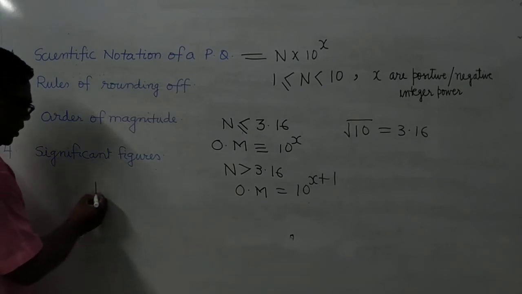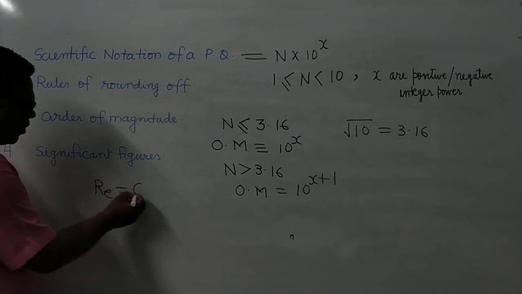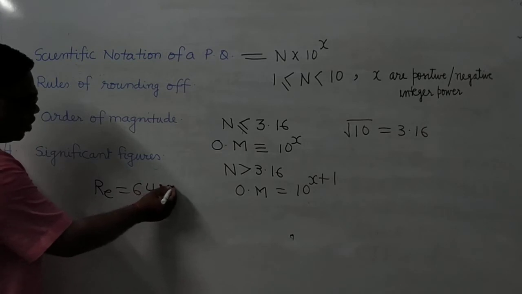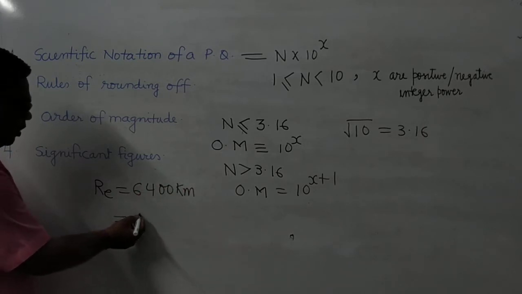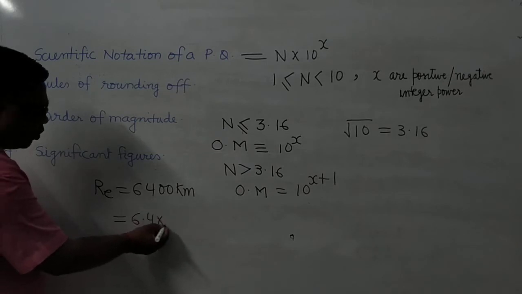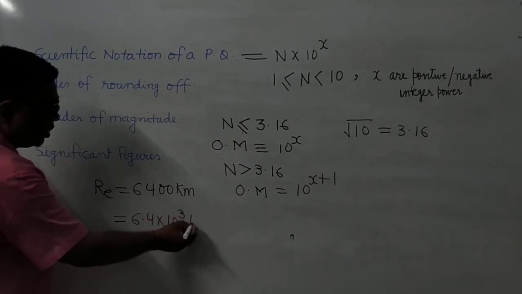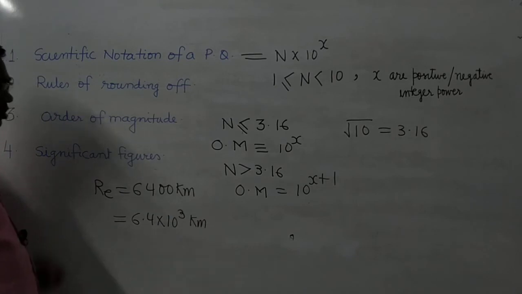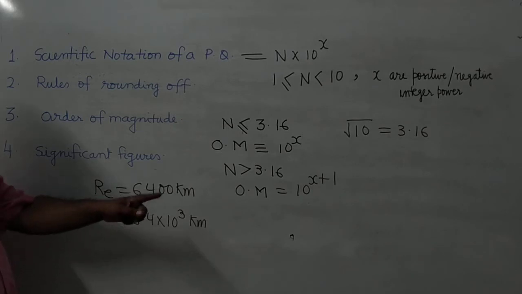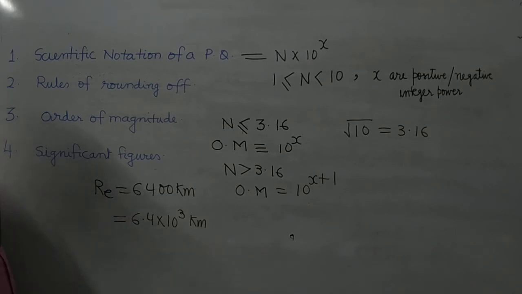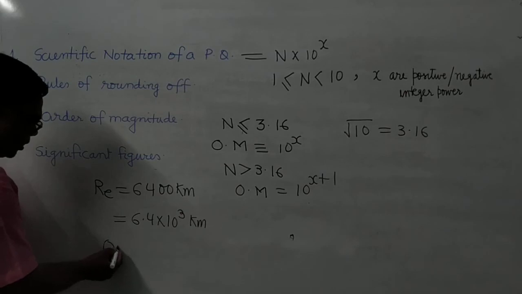For example, radius of Earth, just now we have seen 6400 kilometer. So in scientific notation it will be 6.4 into 10 to the power 3 kilometer. Now it is in scientific notation. Now you see whether the value of n is less than or equal to, or greater than. So it is greater than. So what will be the order of magnitude?